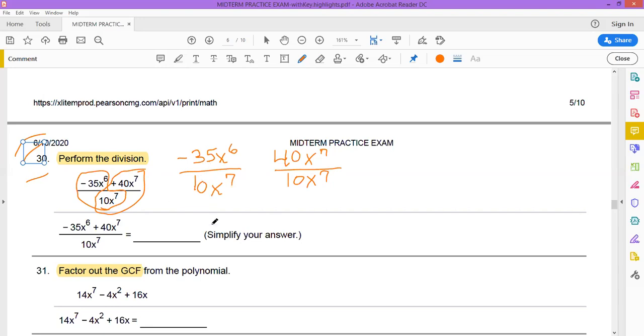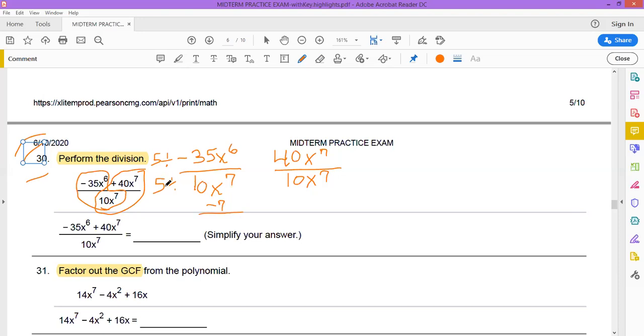Now, looking at the first two terms, we have negative 35 and 10, just looking at the integers. Now, 10 can't be divided evenly into 35, but we can simplify that a little bit. We can simplify it by dividing both numbers by 5. So I'm just showing that we're dividing negative 35 by 5. That gives us negative 7.